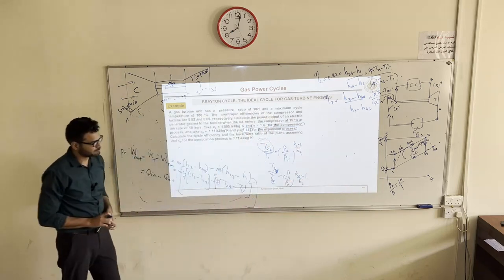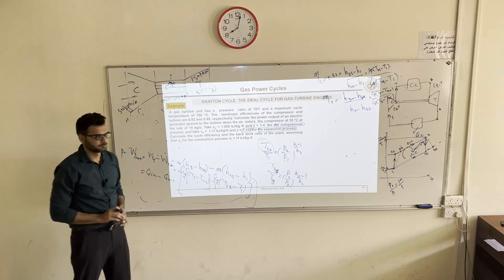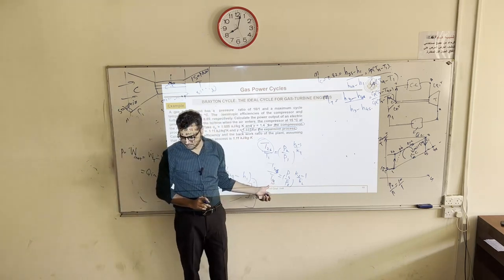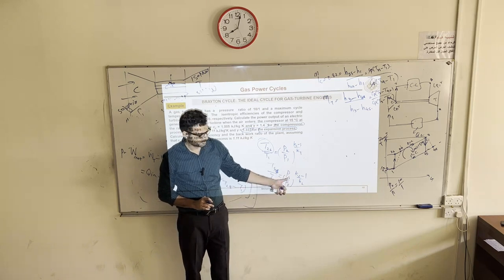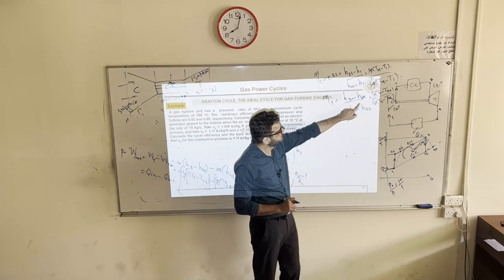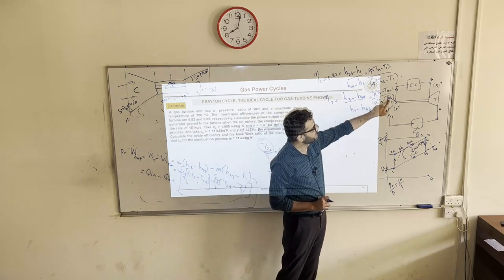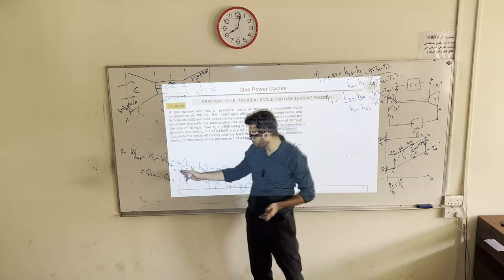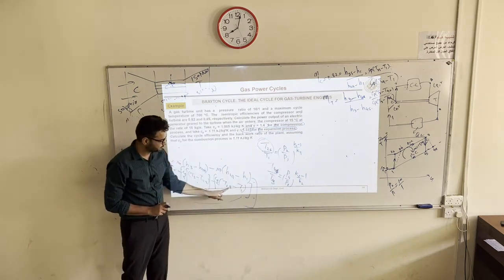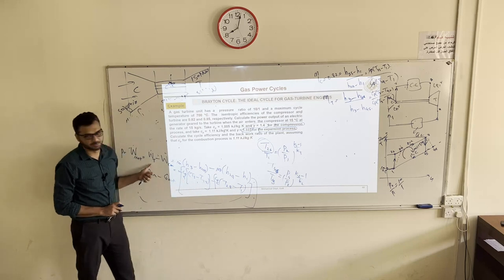Okay. Expansion process. So find out T4S, T3 is given. This ratio is same as this one, so put it here. T4S and find out T4A. That's what we need here to calculate power. So once all temperatures are known, put it here to find out the power output.